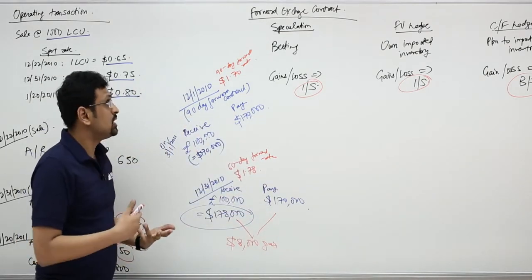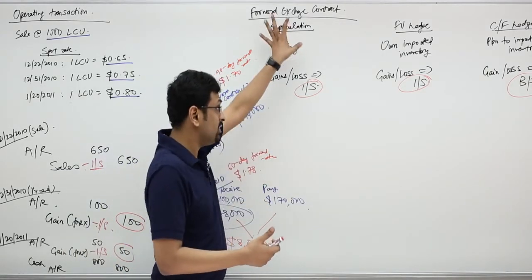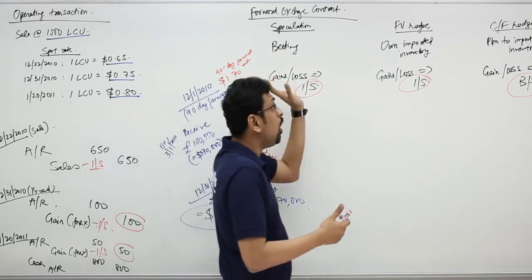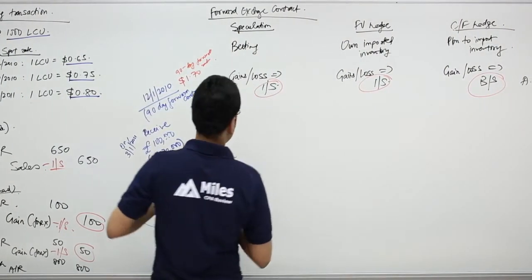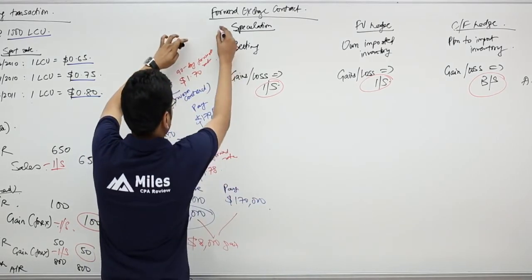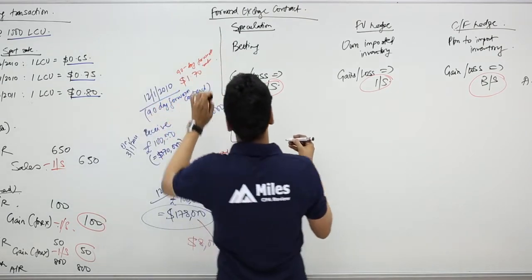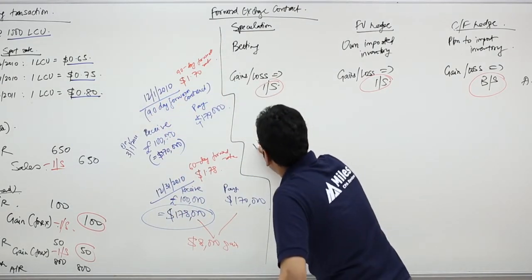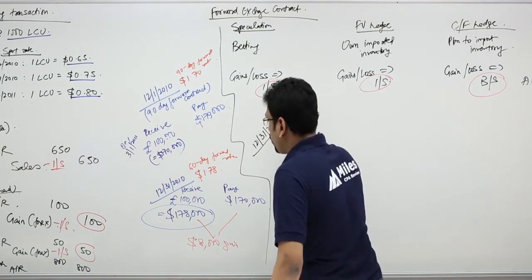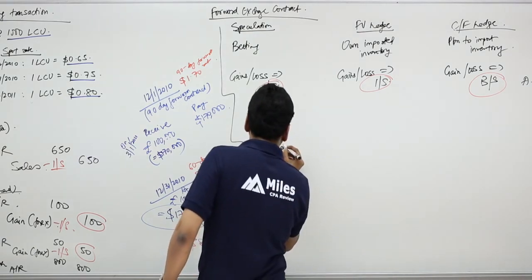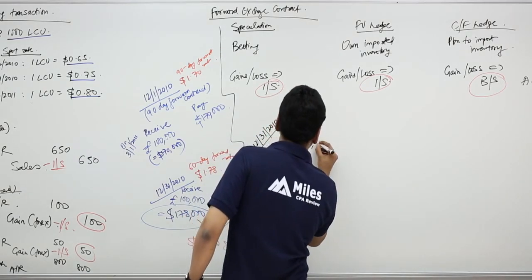Now the question is, how do we record that gain? That depends on whether it's a speculative transaction or a hedge. If it's a speculative transaction, on 31st December, they're going to record a receivable on this derivative and they have a gain of $8,000.